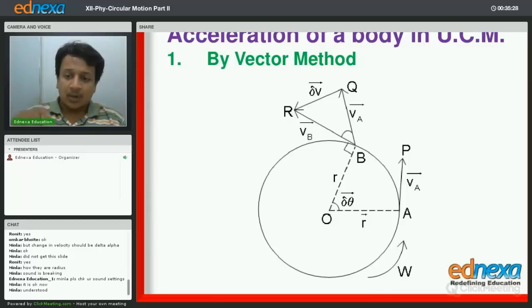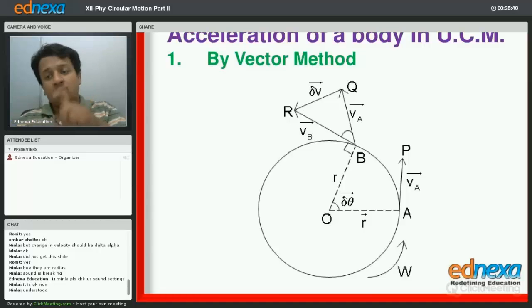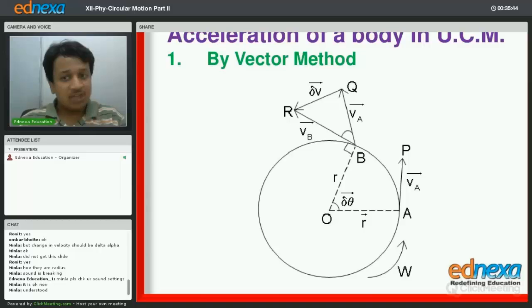Velocity of particle at point A will be vector VA, and velocity of particle at point B is vector VB. Vector VB is equal to vector BR and vector VA is equal to vector AP. We can move any vector from one point to another point without changing its direction and magnitude. Therefore, we change the position of vector PA to BQ without changing its direction and magnitude.